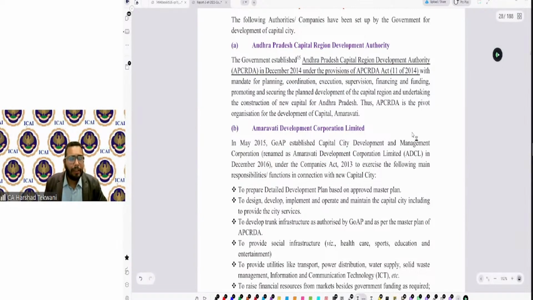So Andhra Pradesh Capital Region Development Authority, okay, which was established under provisions of this particular act. Now, who is the head of this authority? Who is looking after these particular decision making? Whom to contact? Who will provide me the information? A lot of things are there.